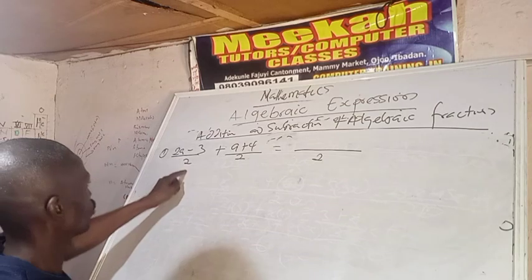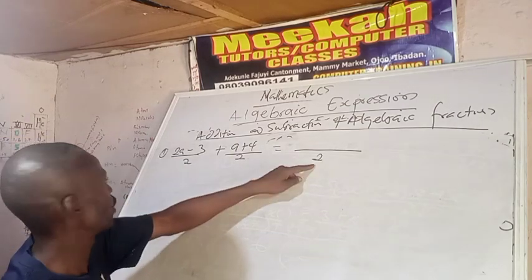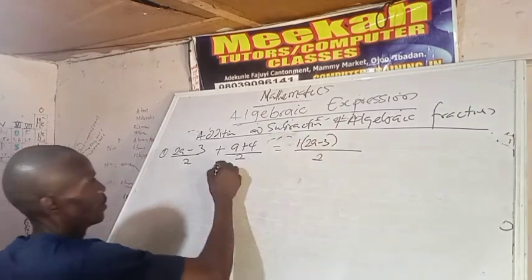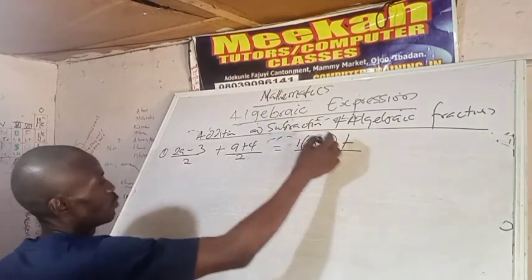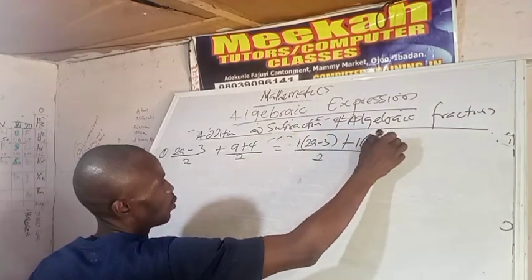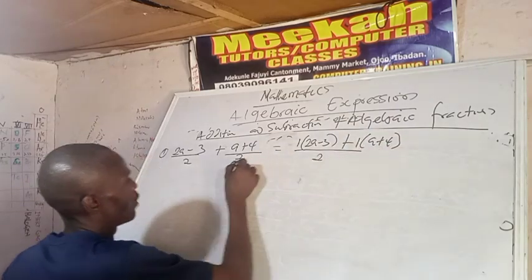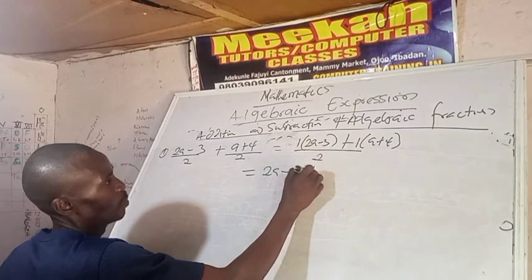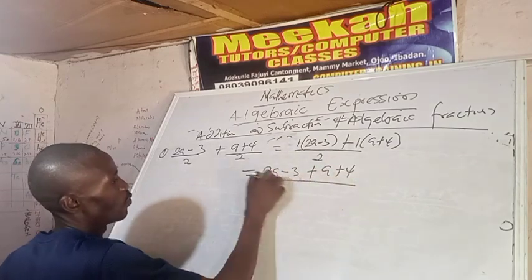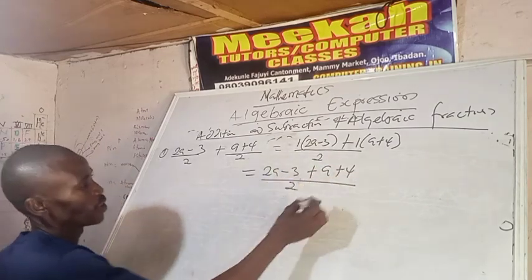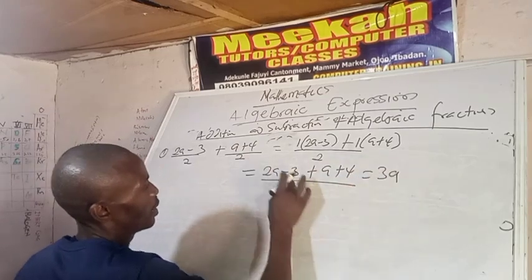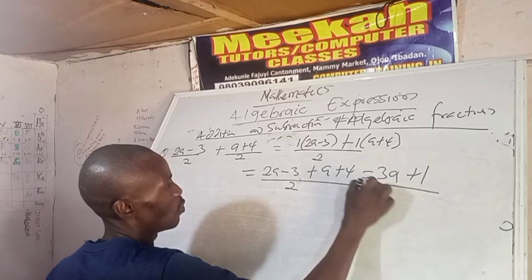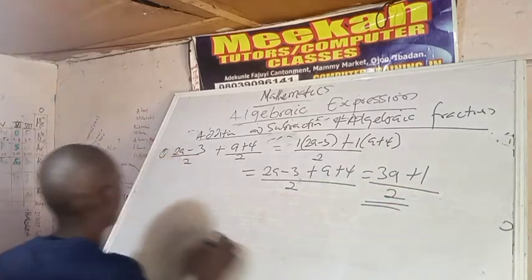Let's see. 2 here, what do you have? 1. 1 into bracket 2a minus 3 plus 2. 2 here we have 1 into bracket a plus 4. So what do you have here? 2a minus 3 plus a plus 4 over 2. 2a plus a, what do you have? 3a minus 3 plus 4. What do you have? Plus 1 over 2. I am done with this one.